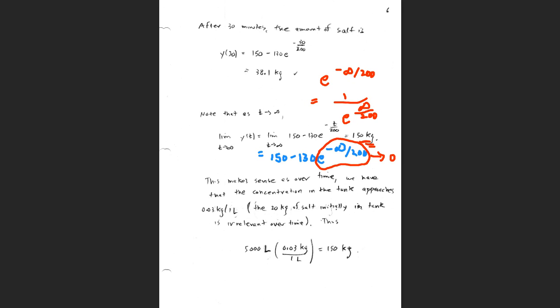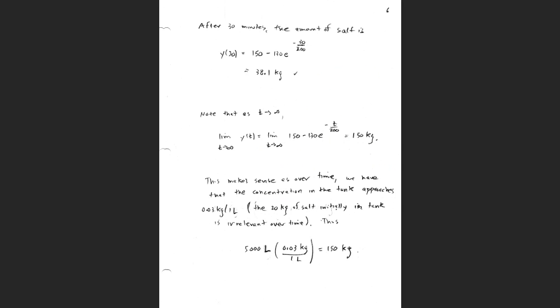And this makes absolute sense because over time, the concentration of salt in the tank approaches 0.03 kilograms per liter. Even the 20 kilograms of salt initially in the tank is irrelevant. What matters is what's happening over time.